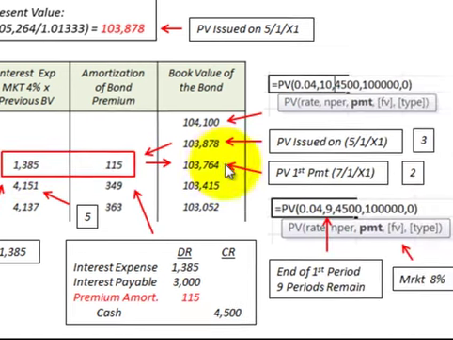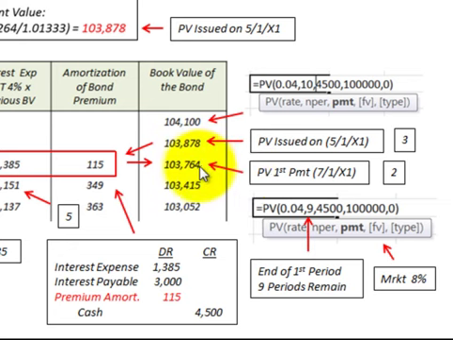So the first thing we have to do is determine the present value here on July 1st. And how we do that, in this case I use the Excel function where I put in the market rate of interest, or 4% per semi-annual period here, and I used 9 periods.